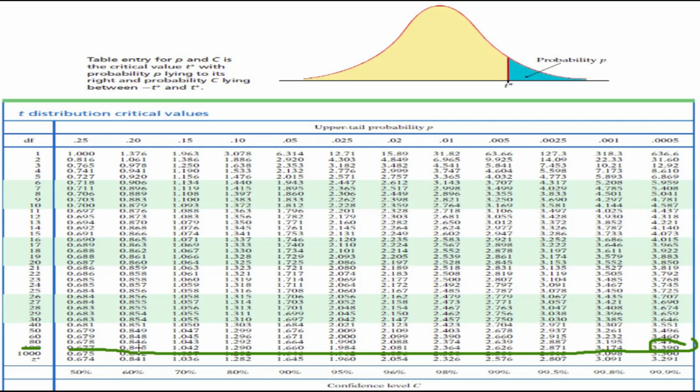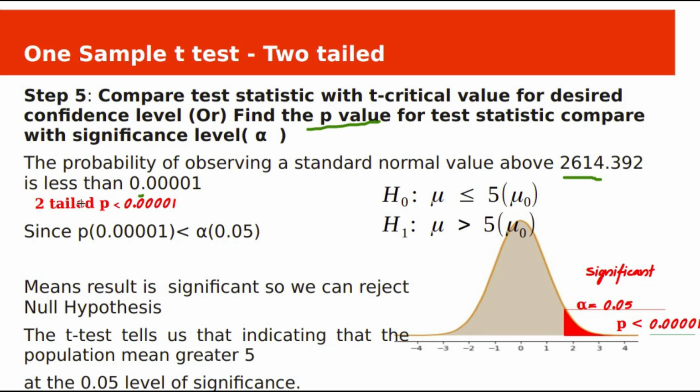See here, t statistic value increasing, p-value decreasing. It means if your t statistic is 2614 point something, then your probability value will be very less, which you can consider less than 0.00001. This p-value is less than significance level 0.05. So results are significant. You can reject this null hypothesis, meaning the test tells us that the population mean mu is greater than 5.